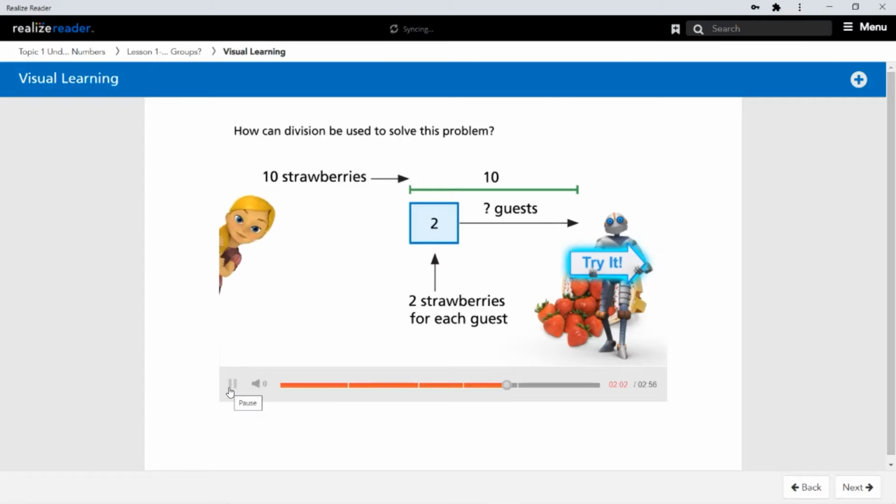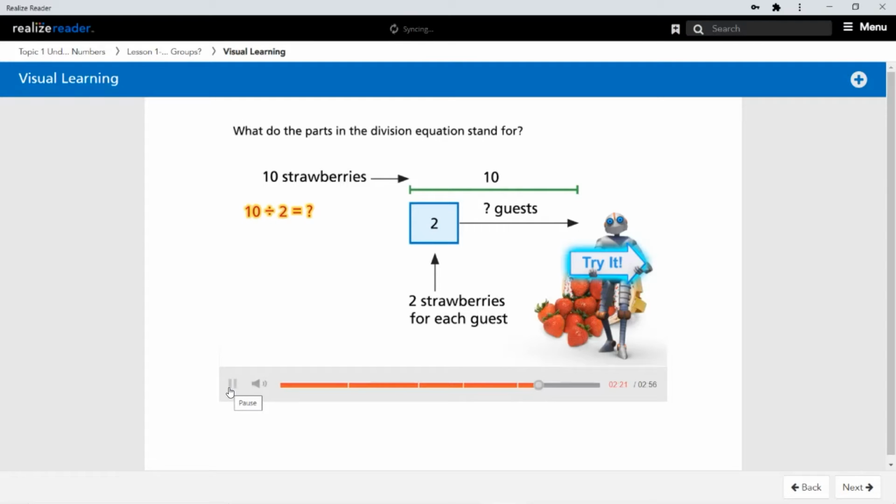How can division be used to solve this problem? You can write a division equation to find the number of groups. Ten divided by 2 equals what number?